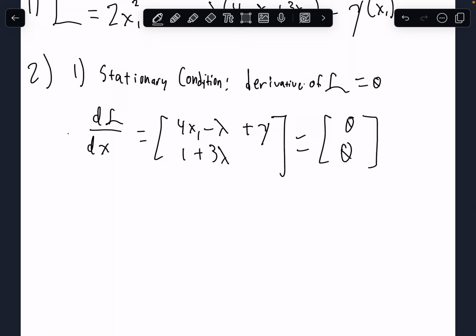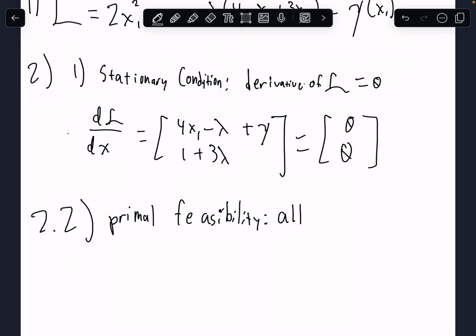So then we have 2.2. Our second condition is primal feasibility. You don't have to write this down, but for reference, this is all constraints are satisfied.